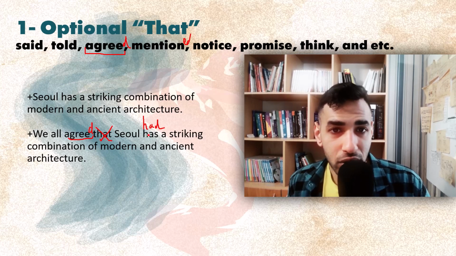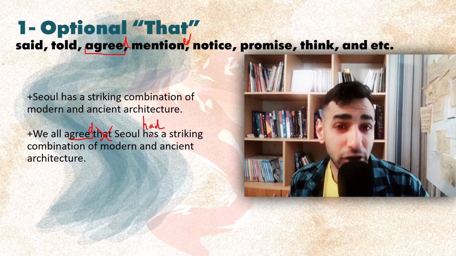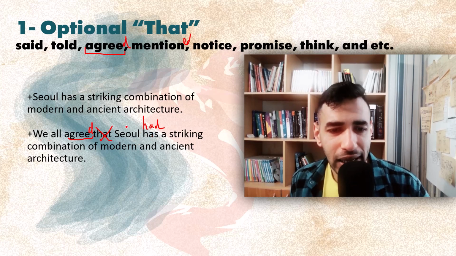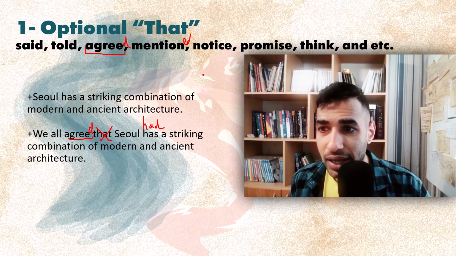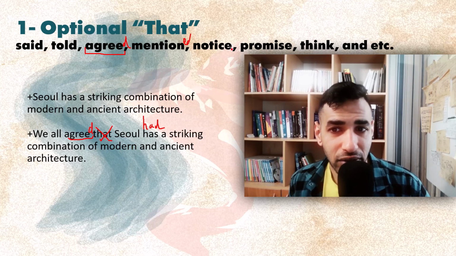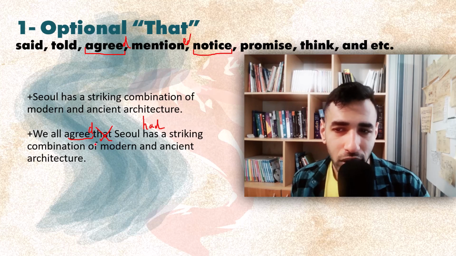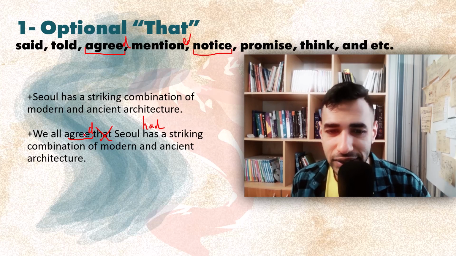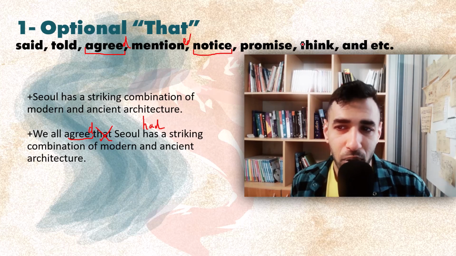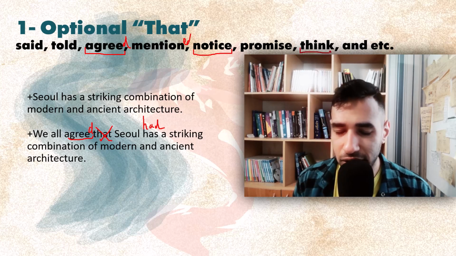We need to move one step in the past, so we need to change has to had. Let's retell this sentence with another word, for example, notice. We all noticed Seoul had a striking combination of modern and ancient architecture. Now I want you to retell this sentence with the reporting verb think. The past form is thought. Do it.